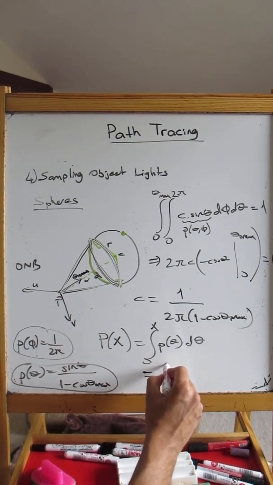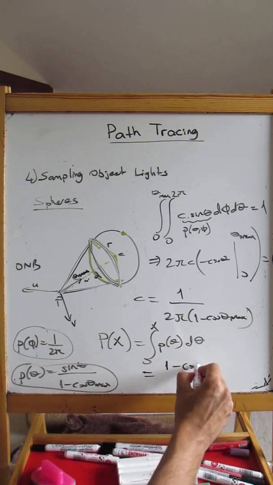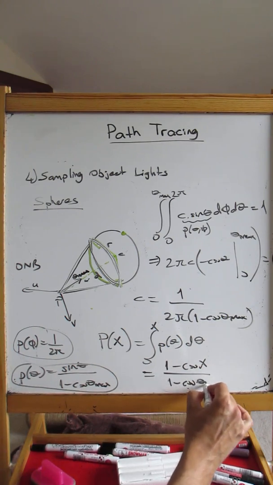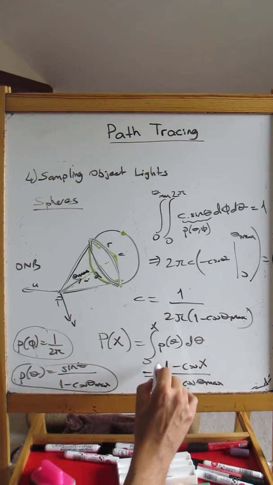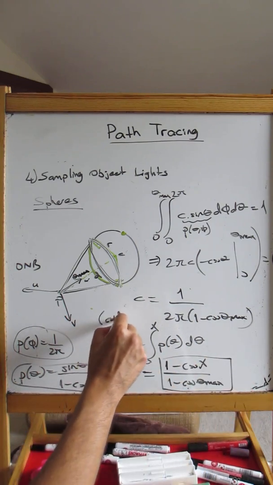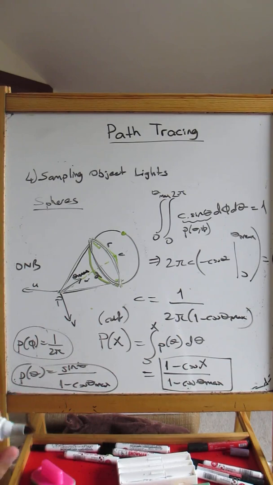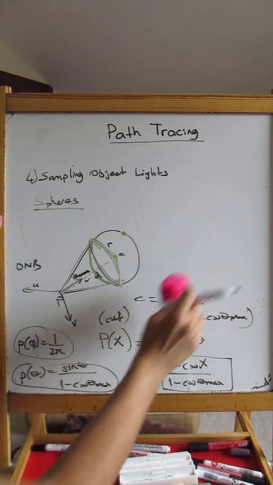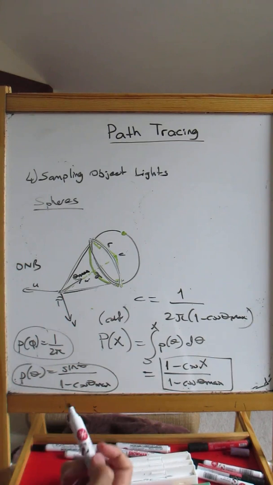This is equal to 1 minus cos x divided by 1 minus cos theta max. Okay, so this is the CDF. And then we must invert this CDF. So let's do that here. The inverted CDF is the following.